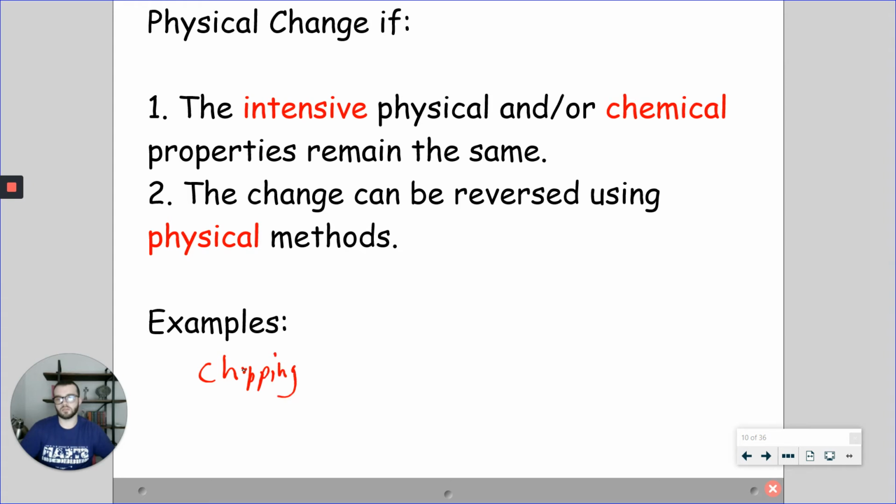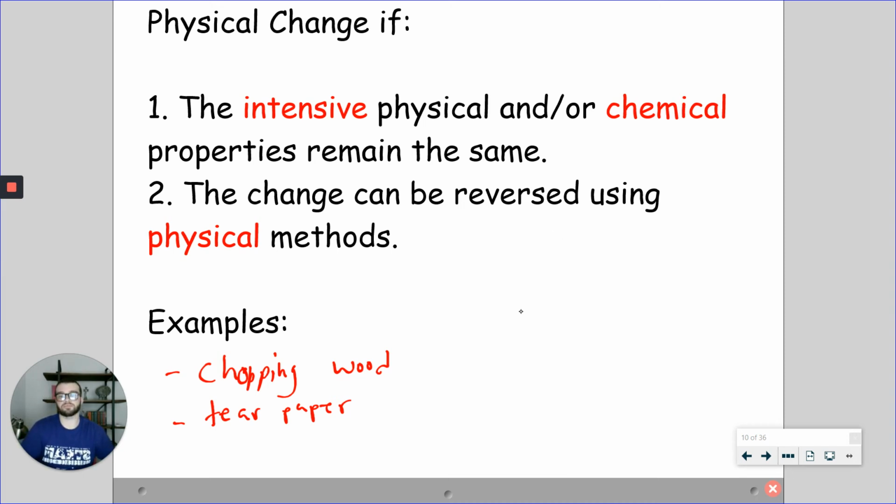Chopping. Burrito. Chopping wood. I cut a log in half. Still wood. Tearing paper. I tear a piece of paper. Afterwards, still paper.